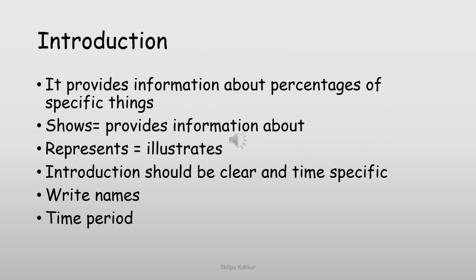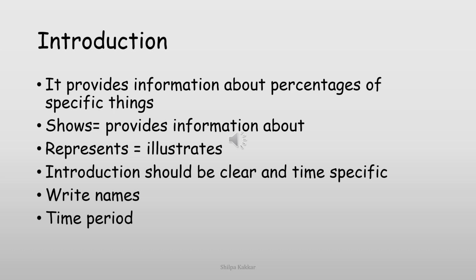In the introductory paragraph, we have to give the information. The introductory paragraph is information about the percentages of specific things. In order to avoid monotony, we have to use different words to express ourselves. Use diverse expressions. Sometimes you may use shows.